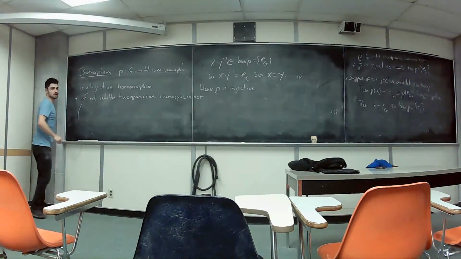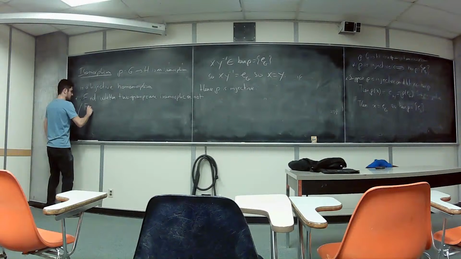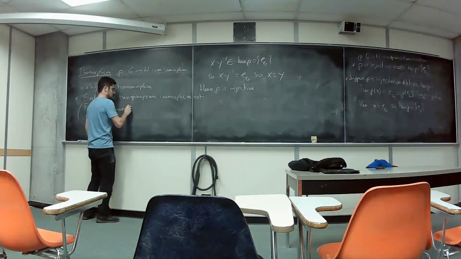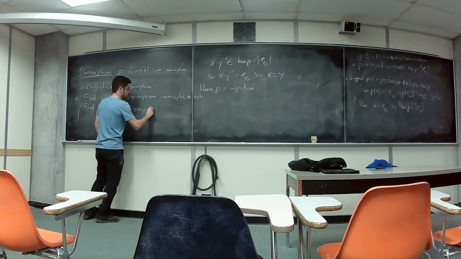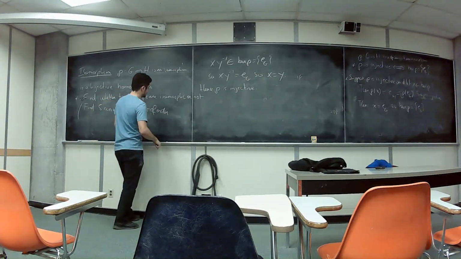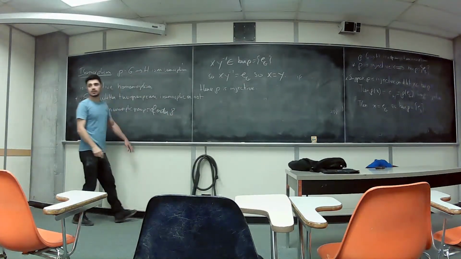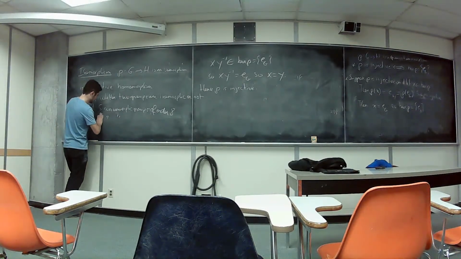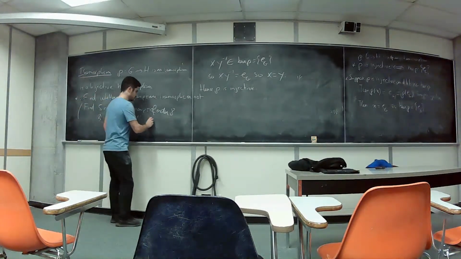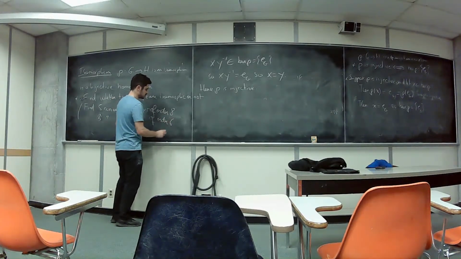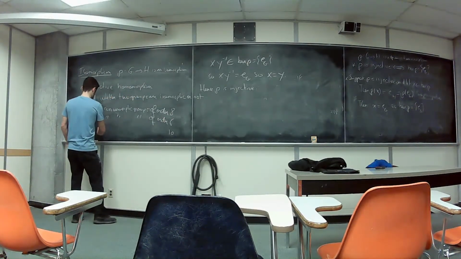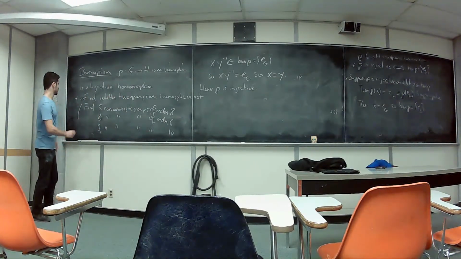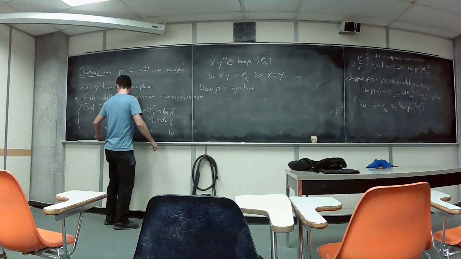For example, a classic question: find 5, let's say, non-isomorphic groups of order 8. Or find 2 non-isomorphic groups of order 6. Find 2 non-isomorphic groups of order 10. And so on, things like that.